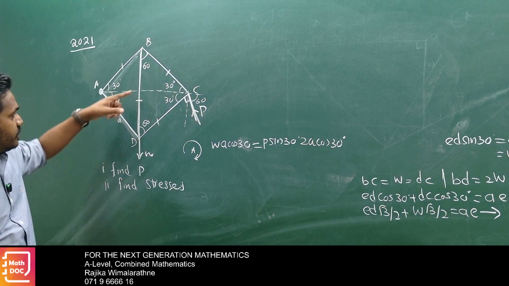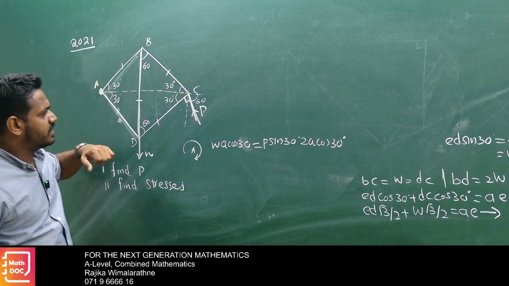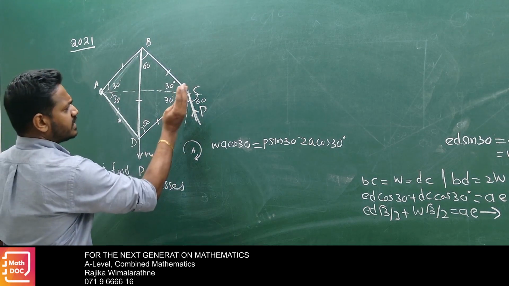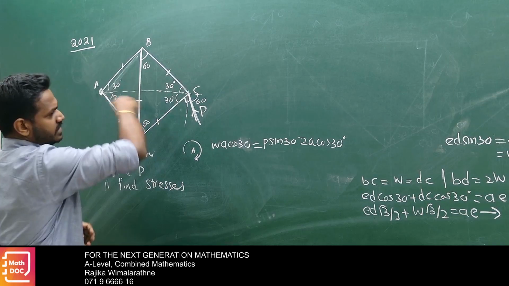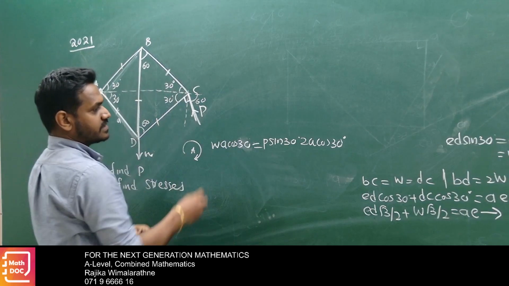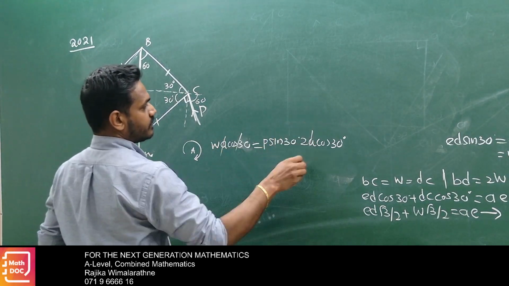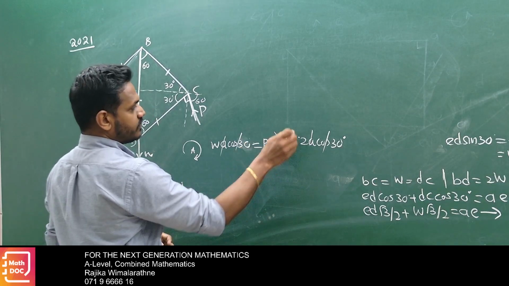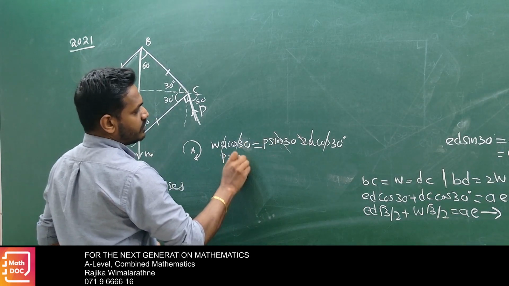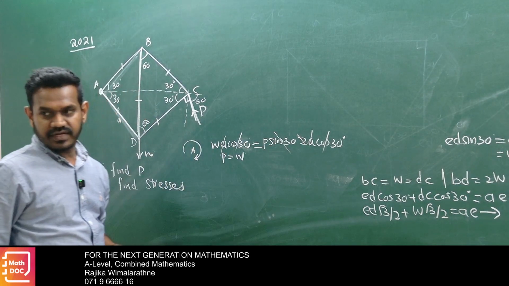Okay, W into A cos 30. Then P sin 30 into 2A cos 30. Then cancel A cos 30, sin 30 is half. Then P value equal W, no?